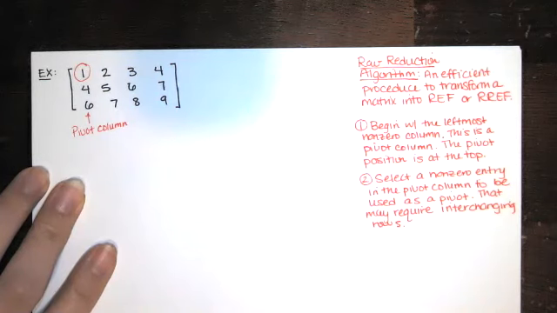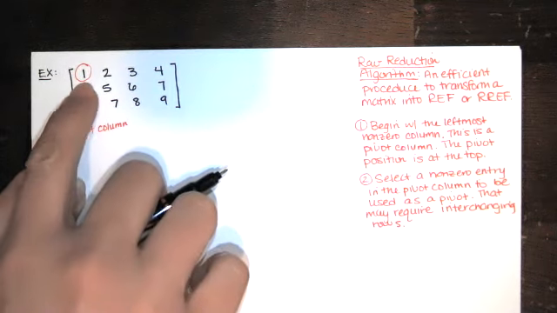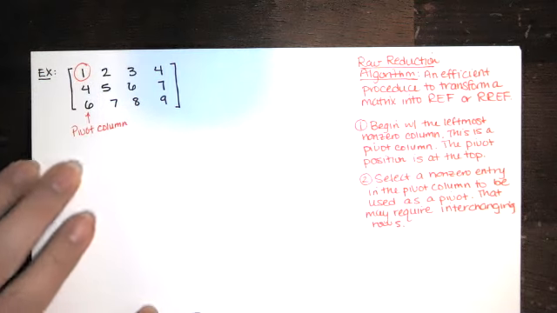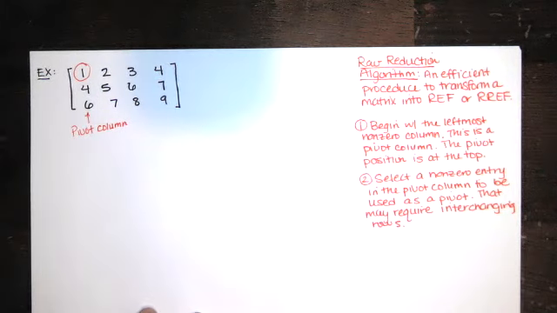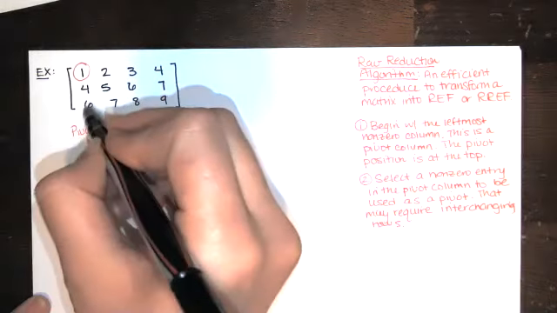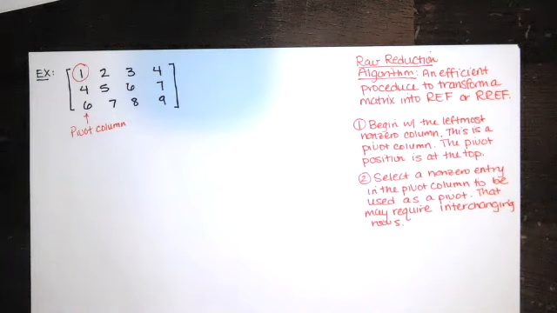And then typically we want to select a non-zero entry in the pivot column to be used as a pivot. But we've already had a 1 there, so I think that's going to be a good choice. Okay, the next thing we do is we use row operations to create zeros below the pivot.